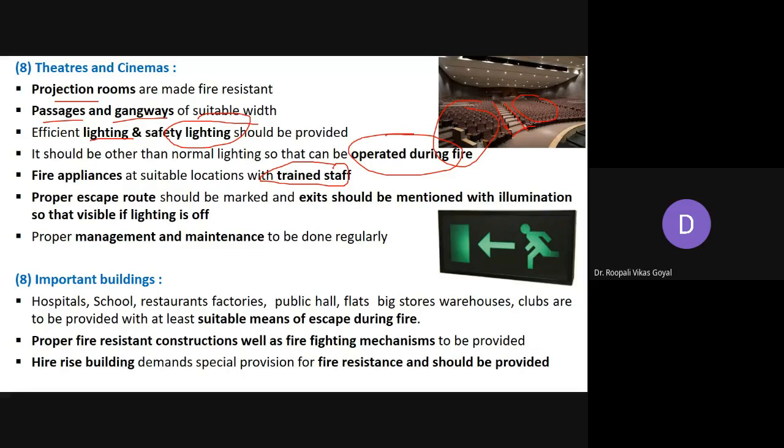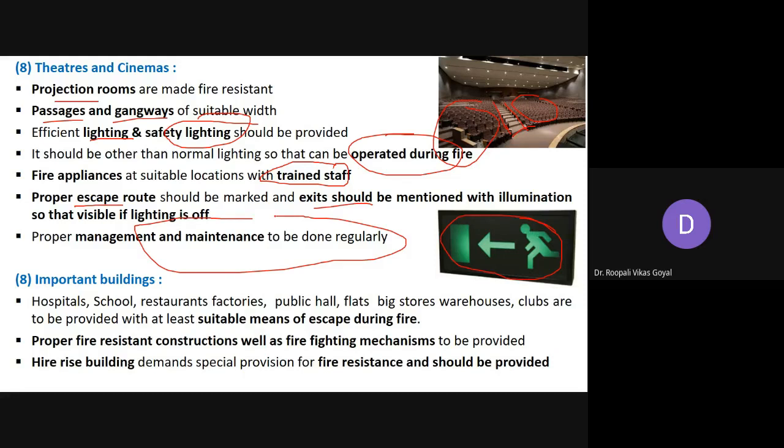So the trained staff who can operate in case of fire should be appointed. Also, the proper escape route should be marked and exit should be mentioned with the illumination. So अंधेरे में भी आपको दिख सके. Because normally it's a darkness. Whenever such lights are off, you should know the path from where you have to move. And all the proper management and maintenance are to be done regularly in case of theaters and cinema.